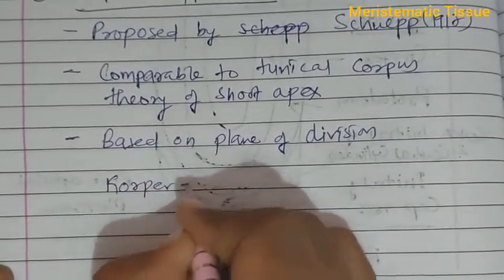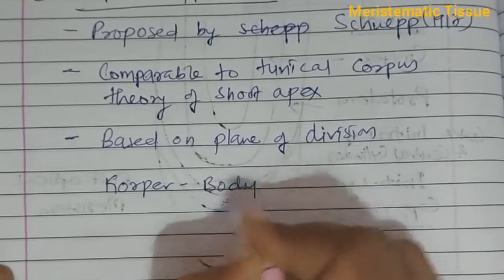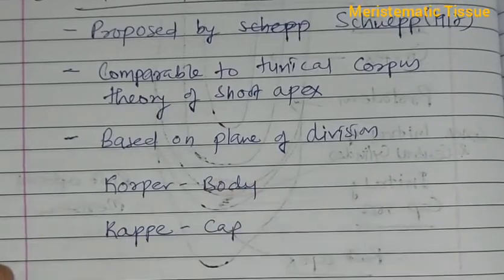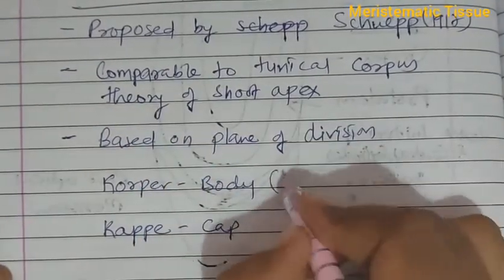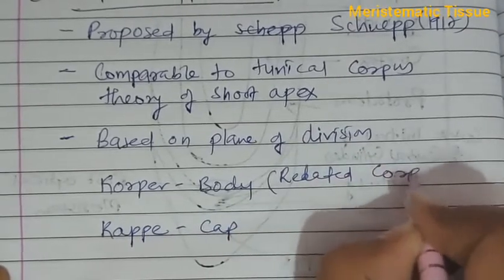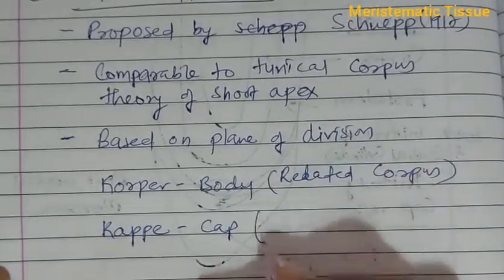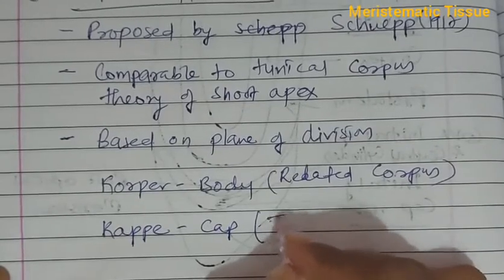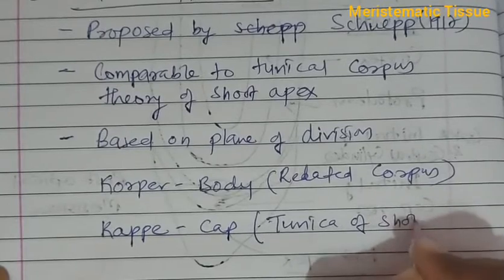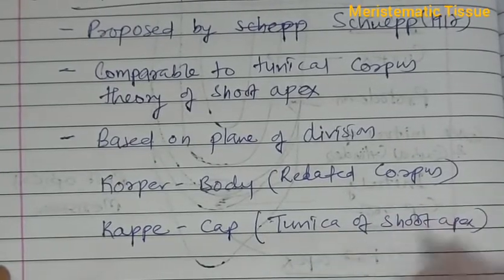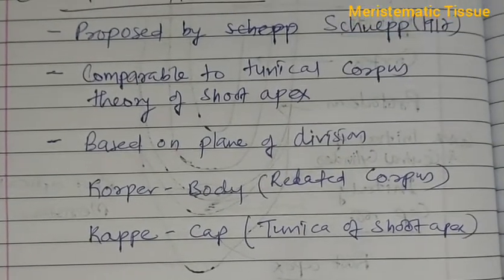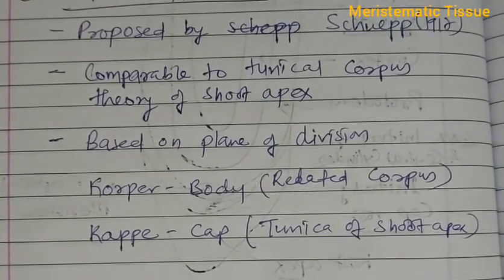Korper means body and Kappa means cap. This Korper is related to the corpus of shoot apex organization and Kappa is related to the tunica of shoot apex. Like this they are related and they give rise to the whole plant. So it is the Korper-Kappa theory proposed by Schuepp.